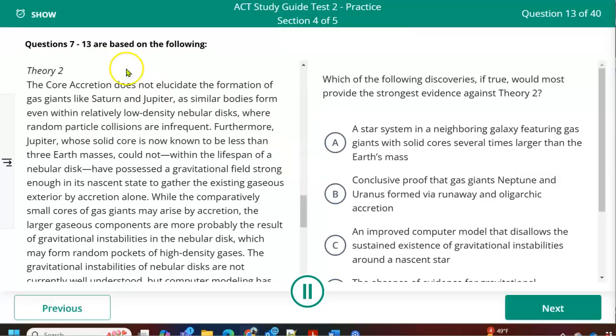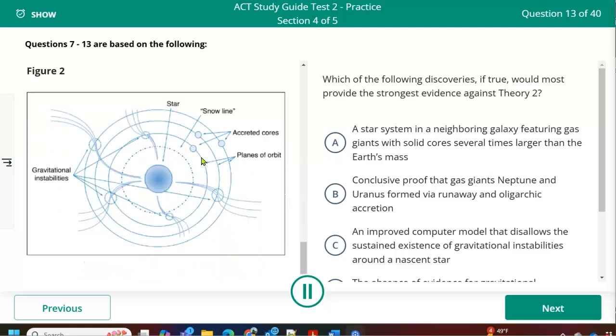Okay. Which of the following discoveries, if true, would provide the strongest evidence against theory 2? A star system in a neighboring galaxy featuring gas giants with solid cores. Well, no, I don't think so, because that is part of theory 2, that gas giants would have a solid core.